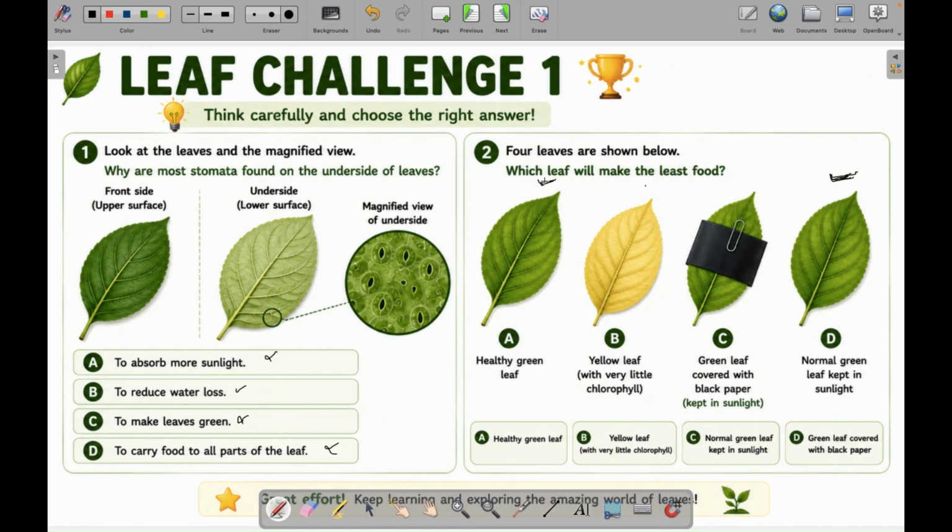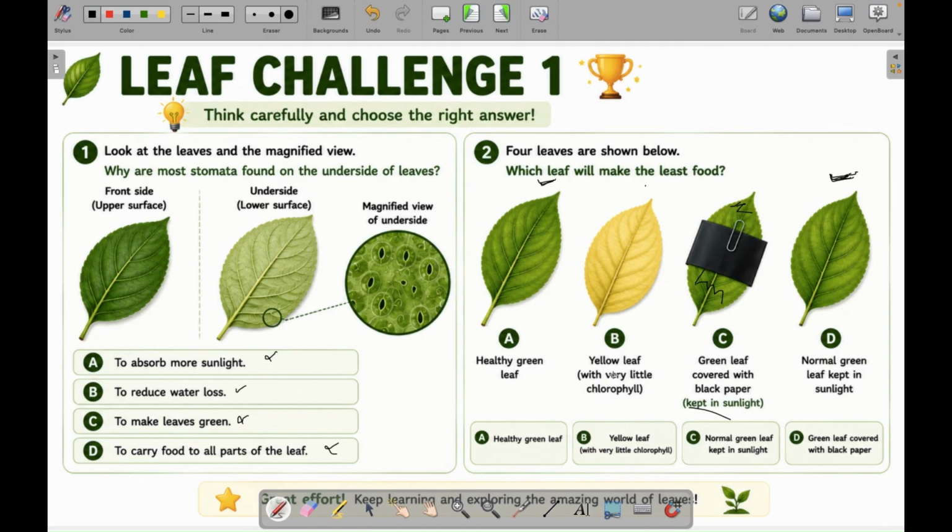That is why it will prepare relatively less food than this. Then between these two, this is covered in black paper. If it was fully covered, then it could not have prepared any food. It is partially covered, so it can prepare some food. Right? And it is kept in sunlight as well, so it is going to prepare food in these portions.